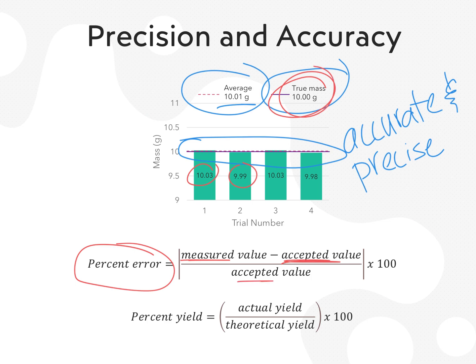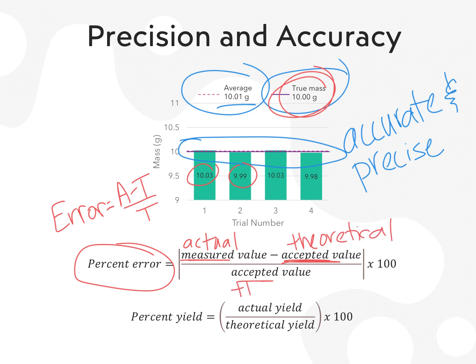I like to think of percent error as a phone company, AT&T. That is your actual that you measured in your lab minus the theoretical, what it was supposed to be, divided by your theoretical.